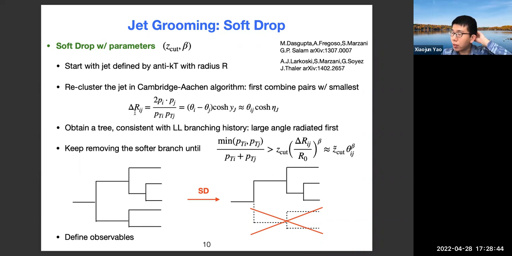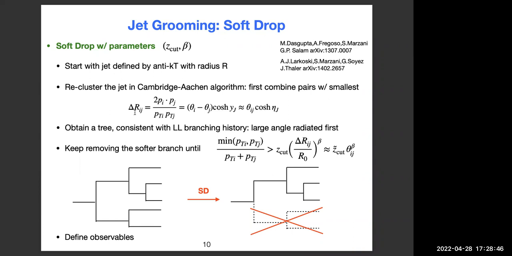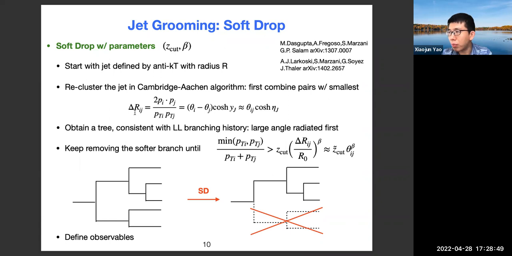So it favors soft stuff to recombine first. Yeah, in that picture you will have large angle and hard splitting in the beginning, and the soft and wide angle radiation in the end. I think it probably will work similarly to the Cambridge-Aachen algorithm, but I haven't seen any construction using the kT algorithm to do the soft drop.